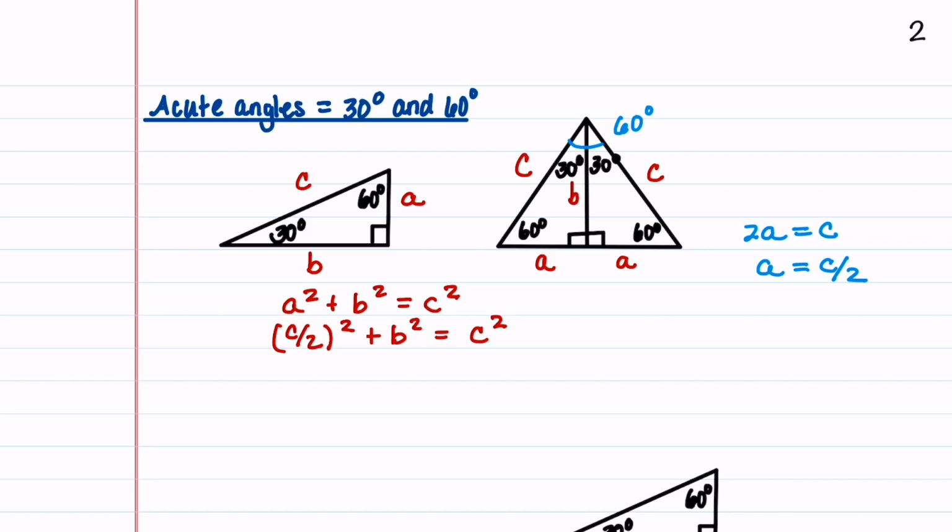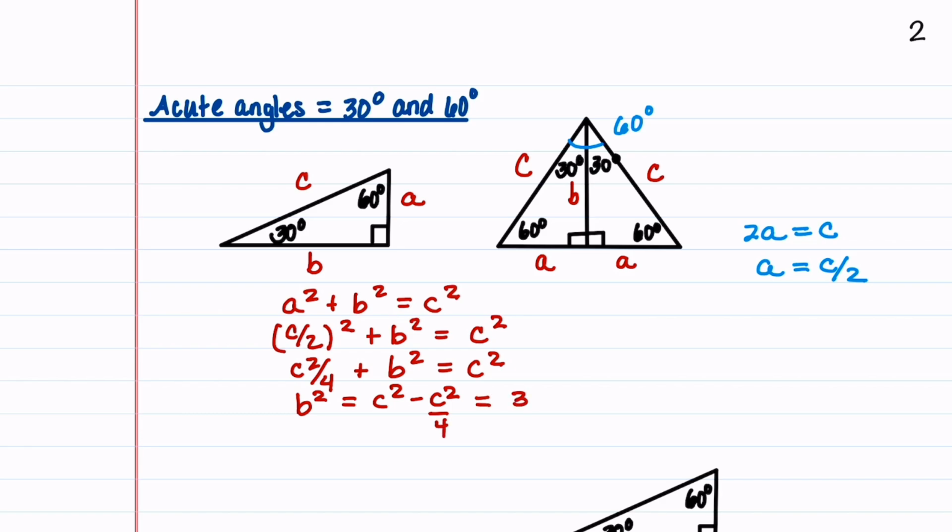If we multiply this through, we have C squared over 4 plus B squared is equal to C squared. Let's put the C squared over 4 on the right-hand side so that we can solve for B. So we have B squared is C squared minus C squared over 4.